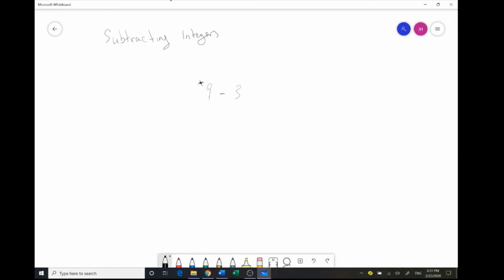So if you want, please make a note for yourself that if there's nothing to begin with, for our first number, it is a positive number. So positive 9 minus 3. Okay, so what are we looking at? It's a simple subtraction, 9 minus 3 will equal 6.